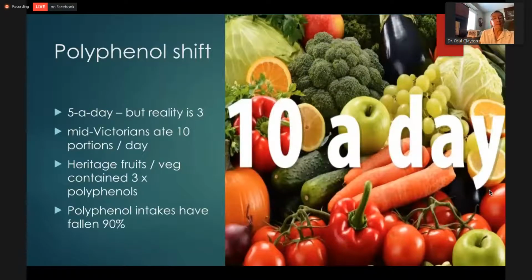Do the math. If our ancestors were eating 3 times as much fruits and vegetables as we were today, if the fruits and vegetables they were eating contained levels of polyphenols which are 3 times higher than the levels we find in the fruits and vegetables we eat today, obviously, our intake of polyphenols has been reduced by 90%. It has fallen by an order of magnitude.